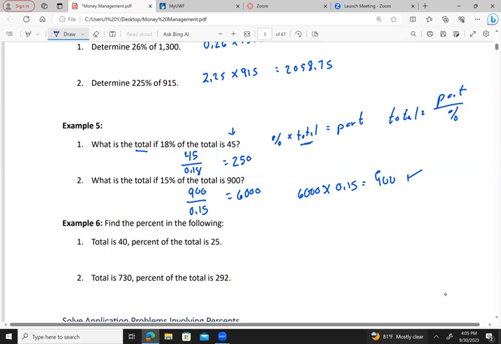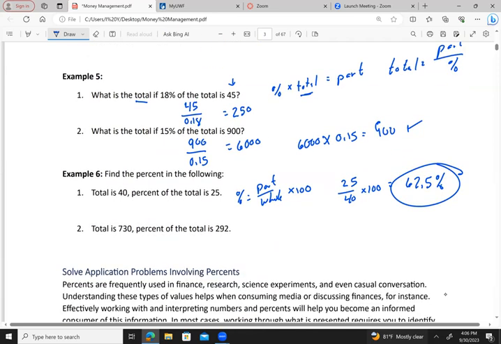Find the percent in the following. The total is 40, the part is 25. So remember, the percent is part over the whole times 100. So I have a part of 25, I have a whole of 40 times 100. 25 divided by 40, and I get 62.5%.